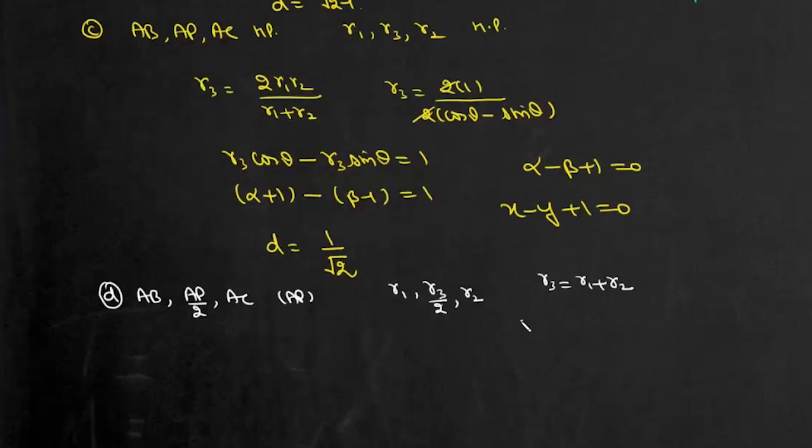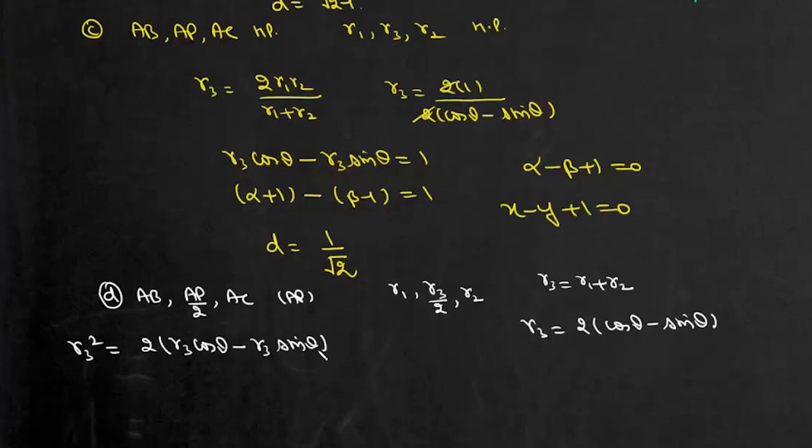Now this is R3 and this is 2 cos theta minus sin theta, or we can write R3 square equals 2 R3 cos theta minus R3 sin theta.